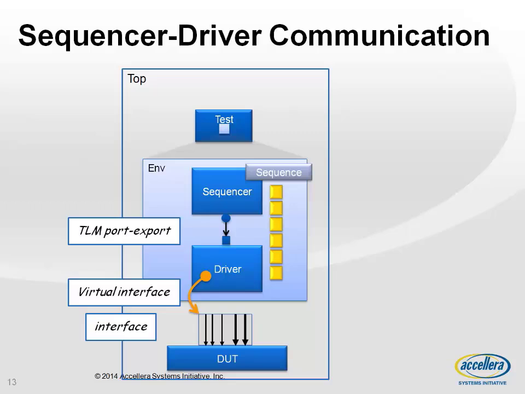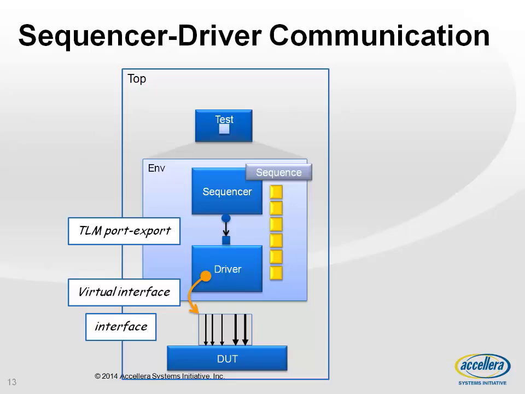So our sequence runs on our sequencer, the driver calls get or get next item or try get, and tries to pull down transactions from the sequence that's running on the sequencer. So we're using transaction level communication within the verification environment. We've got a virtual interface pointing off to the actual pins connected to the design under test.